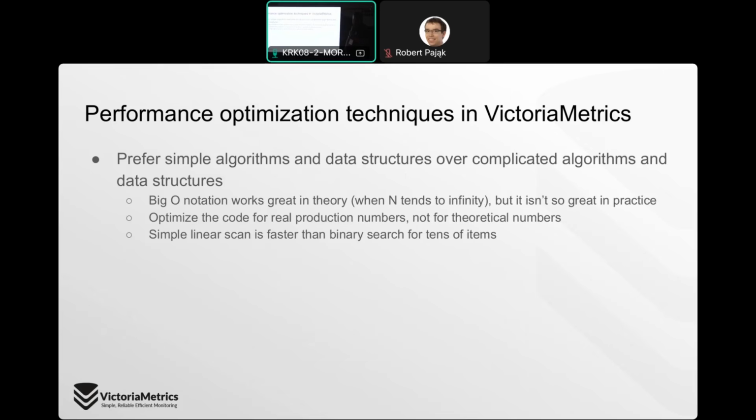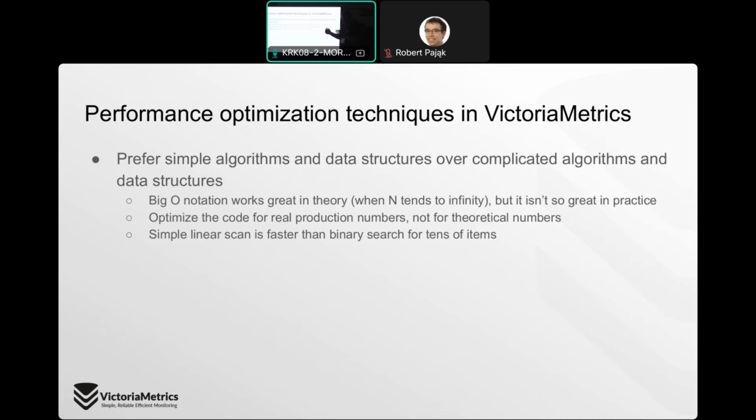For example, probably you know the binary search algorithm, which should work quickly in theory over big lists of entries, but in practice it works slower than a simple linear scan, when you just run a simple loop over tens of items.